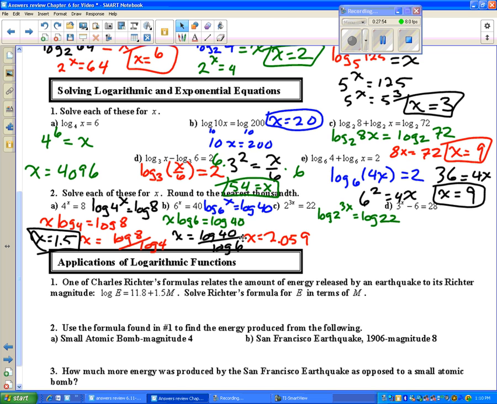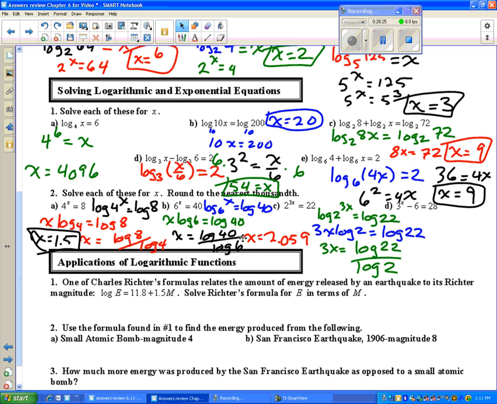Bring the 3x to the front. 3x log of 2 is equal to log of 22. I want to divide both sides by log of 2, so 3x is equal to log of 22 divided by log of 2.